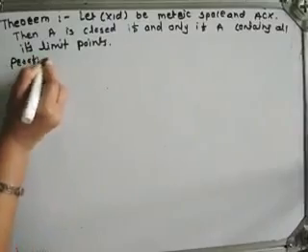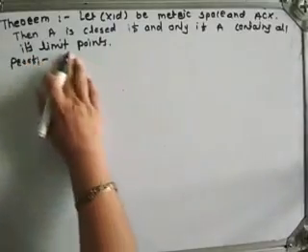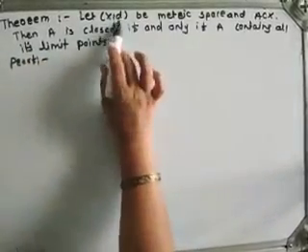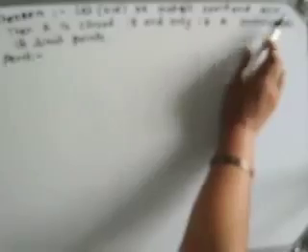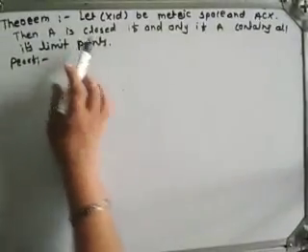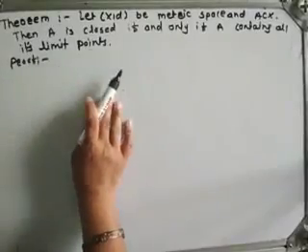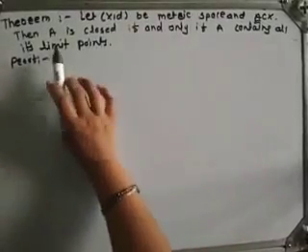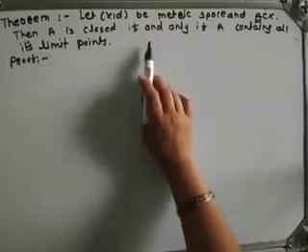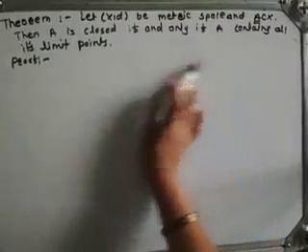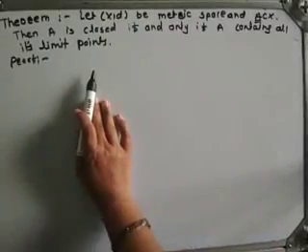Proof: we have to prove that A is closed if and only if A contains all its limit points.